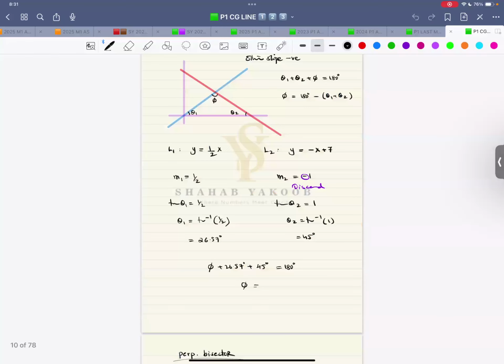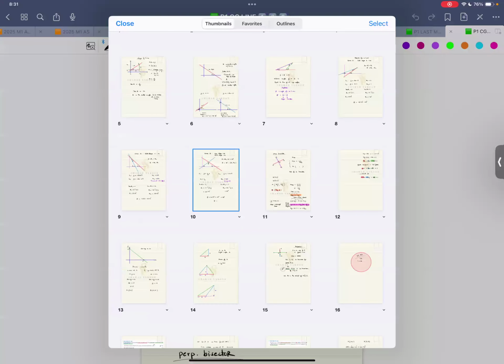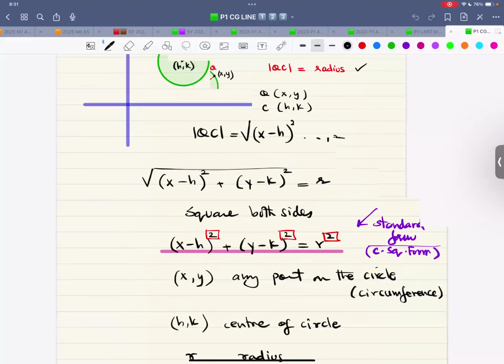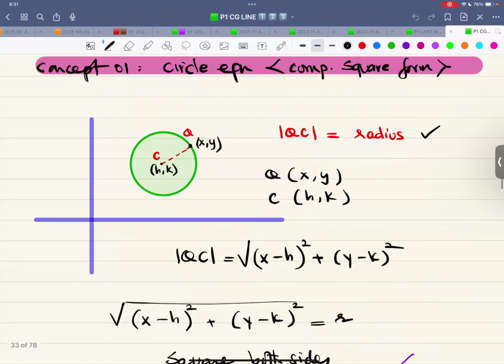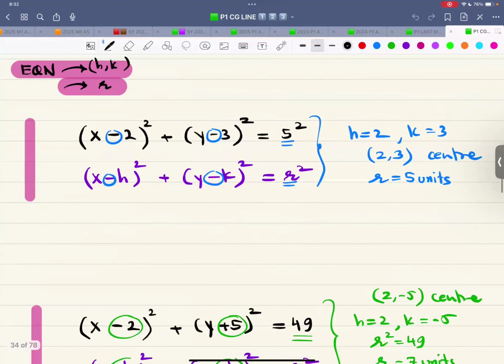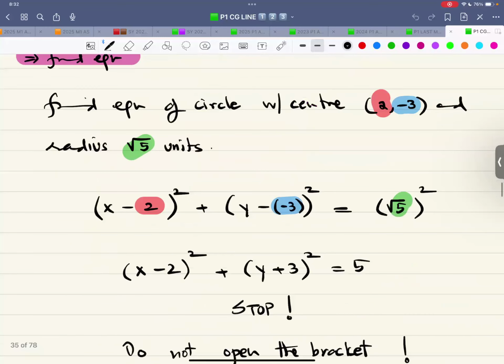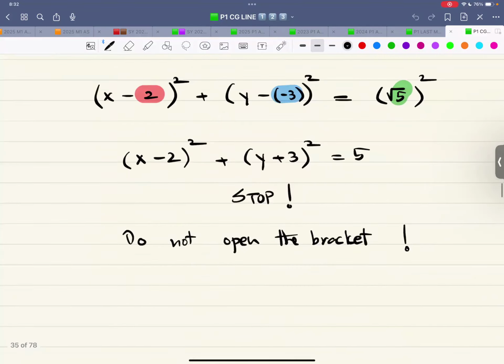Okay. So now over here in circle, we went through all these examples. That is how the circle equation was formed, the basic idea. And then we talked about comparing coefficients. Then we talked about if the center is given and the radius is given, how do you write the equation?